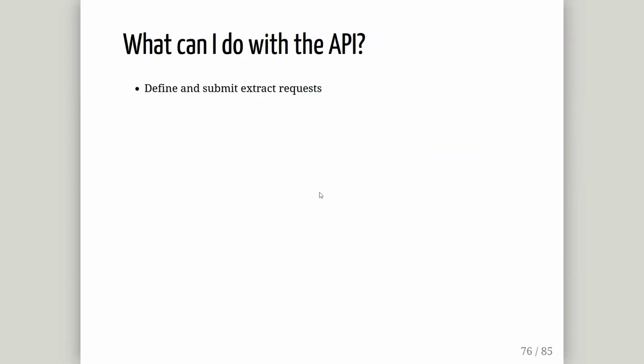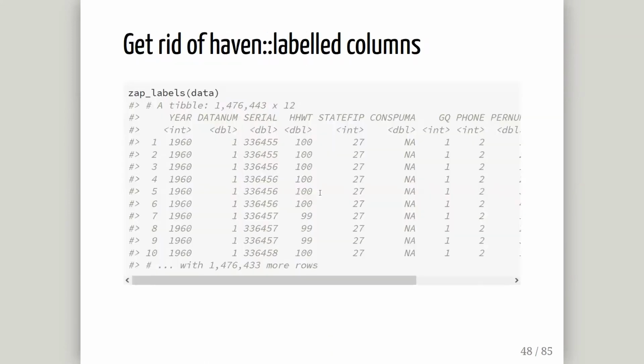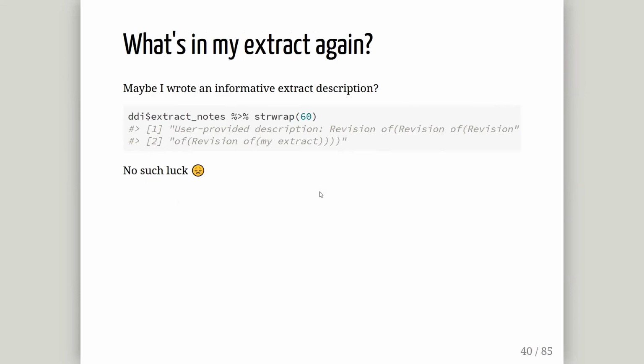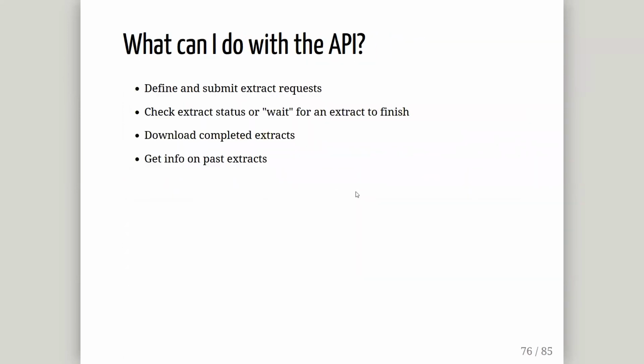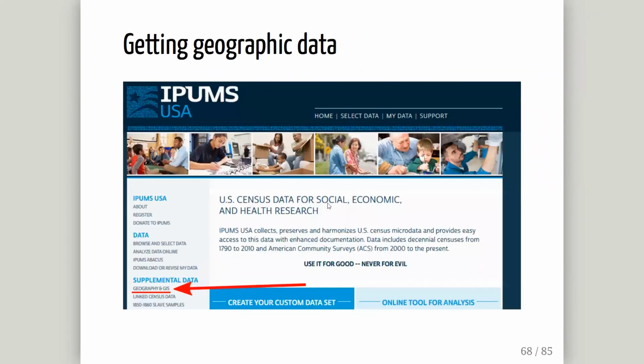So we showed that. Let's see if I can get to that. For IPUMS USA, that's here, where this arrow is pointing. Definitely check that out, because in addition to shapefiles, that also has a lot of documentation about our geographic variables. So I think that would be the place that you'd find guidance about merging to other data sets based on geography.